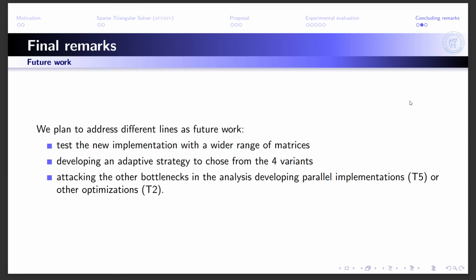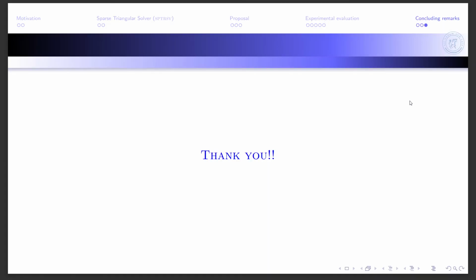And we want to attack the other 2 bottlenecks. For T6 and T7 we'll try a parallel approach, and for T2 we have to do other optimization because it's already in parallel.